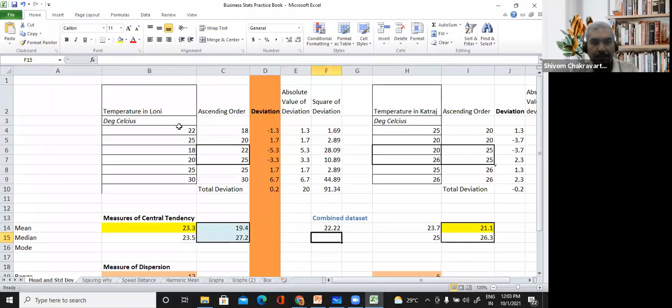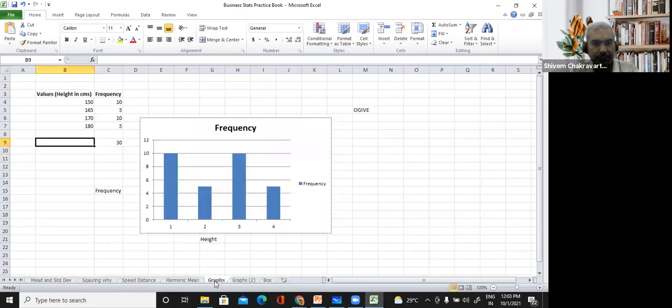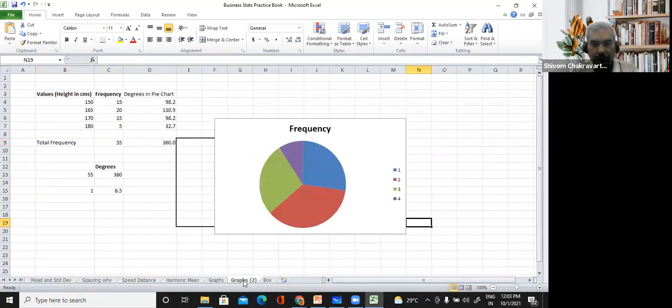For this data also you can calculate skewness. The first data set we used, temperature and cooling, in any of the other data sets also, you can calculate the skewness.